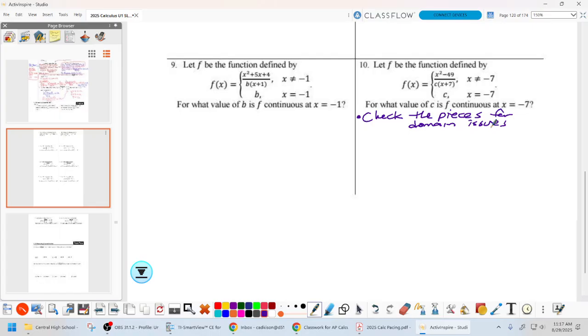I think what I'm referencing is 1.12 yesterday, where we had to check pieces for domain issues and then also make sure those domain issues actually fell within the given interval. Remember that? And I know this isn't that, but I'm just reminding you of domain and continuity stuff. Does everybody know what I'm getting lots of blank faces. I know I'm talking about a slightly different concept from what this asks, but do you know where I'm going with it?